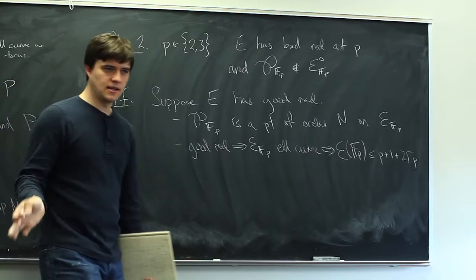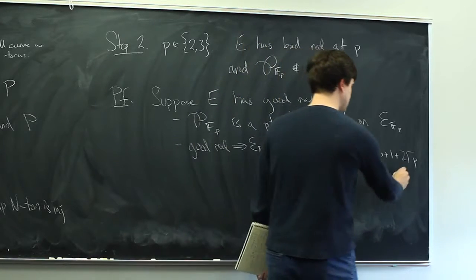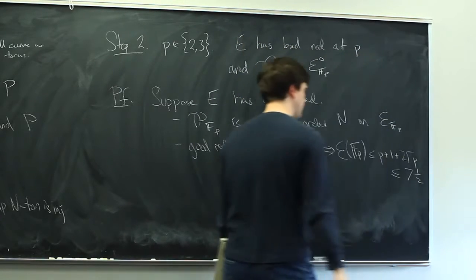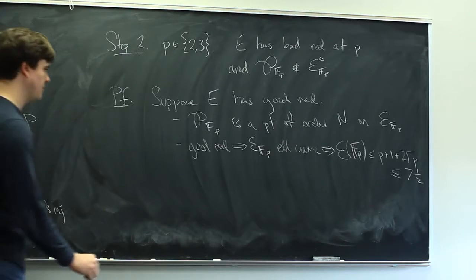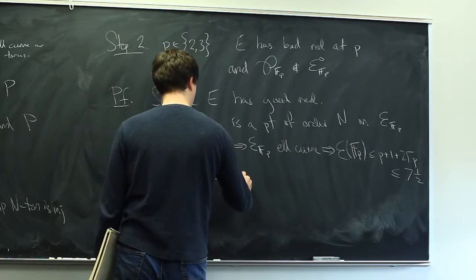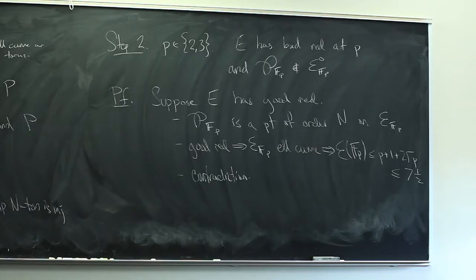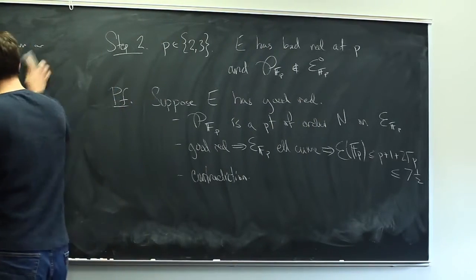If you plug in 3, you get something like 7.4, so this is less than 7.5. But n is greater than 7, so it's at least 11 because it's a prime. And so this is a contradiction. The point is just that 2 and 3 are too small to have an n-torsion point. The curve just can't happen. So that shows that E has bad reduction, and therefore by step 1 it necessarily has multiplicative reduction.